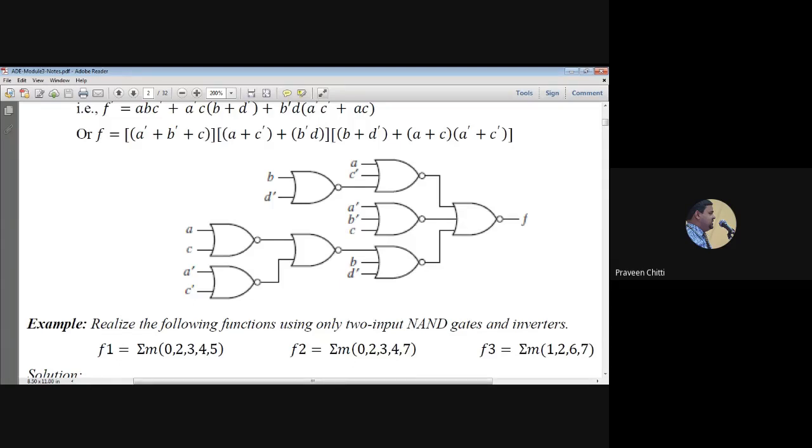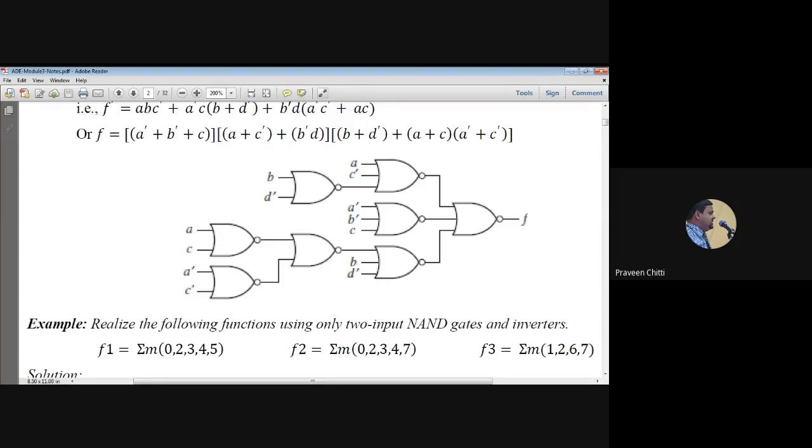Okay, so now write down the procedure for designing minimum 2-level NAND circuit. Right? Quickly just write down these 3 points, and then I'll give one simple example on this. Procedure for designing minimum 2-level NAND circuit.